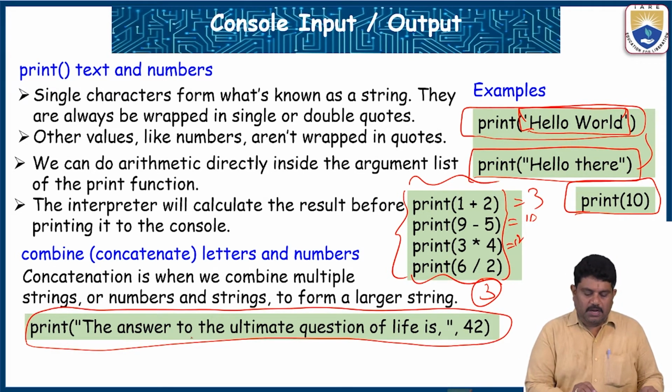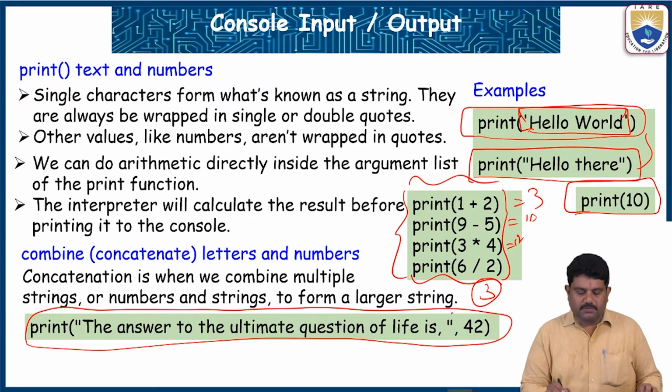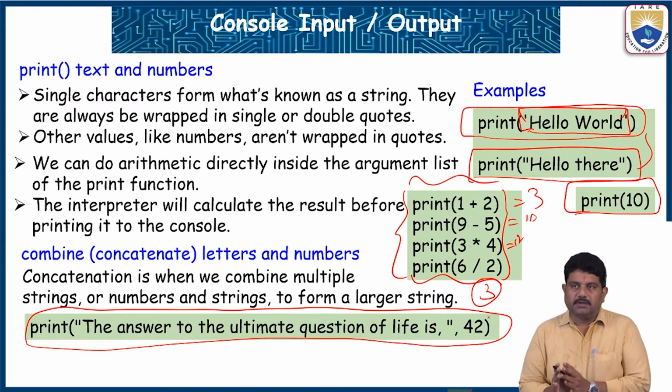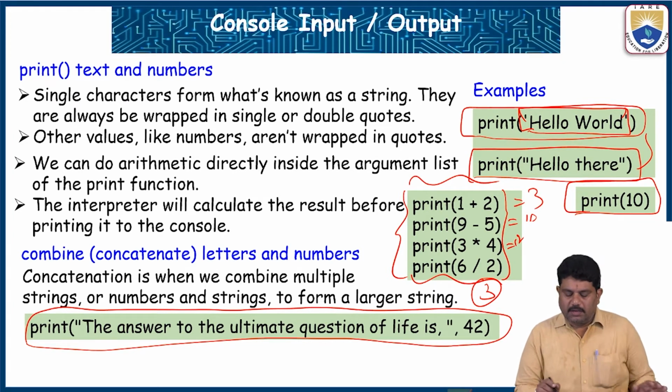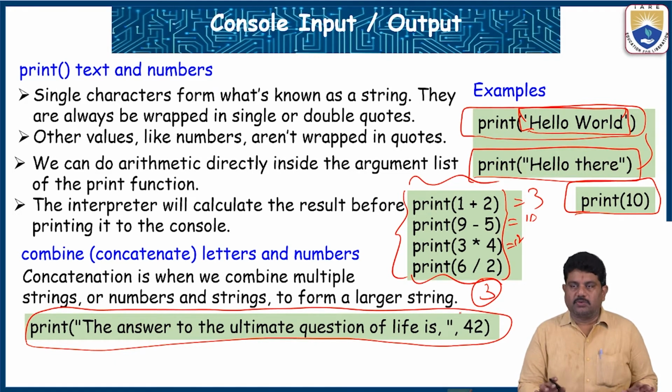Print, "The answer to the ultimate question of life is", which is a string, so I enclosed that sentence in double quotes. This is one object. Next, put a comma, and then 42 is a number, so I didn't enclose it in any quotes.